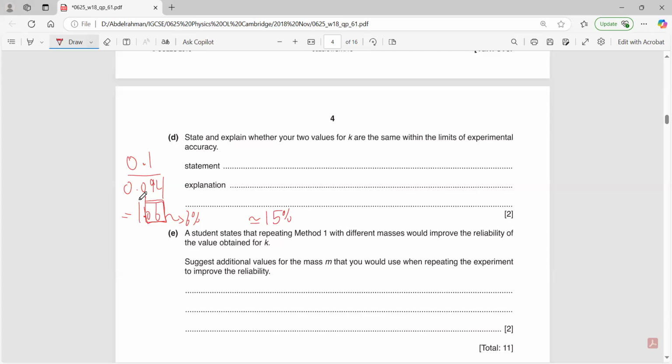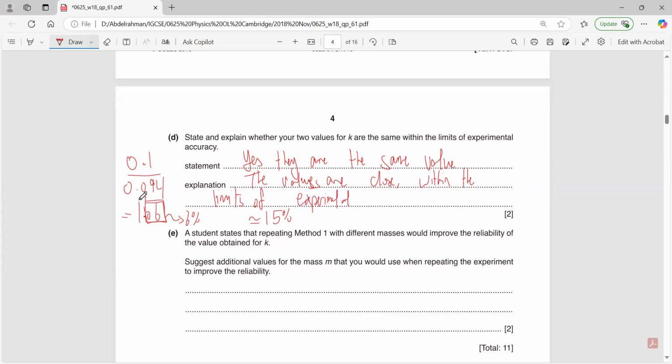The statement: are they equal or not? Yes, they are the same value. The explanation you should say is that the values are close, within the limits of experimental accuracy.